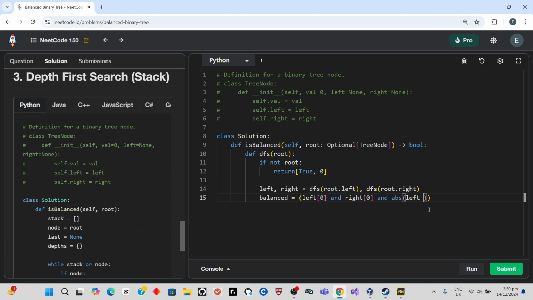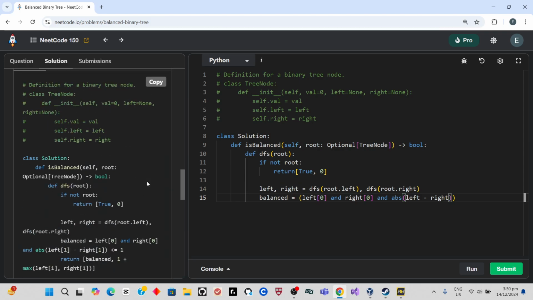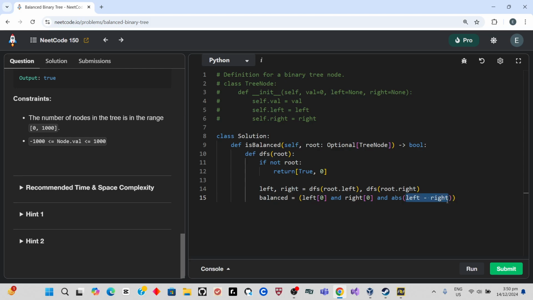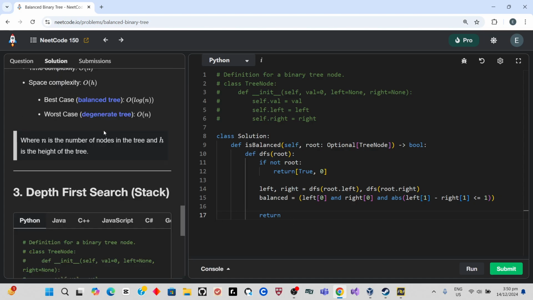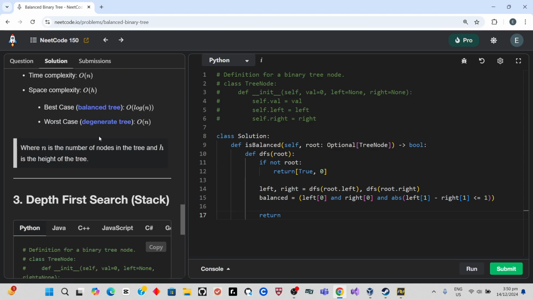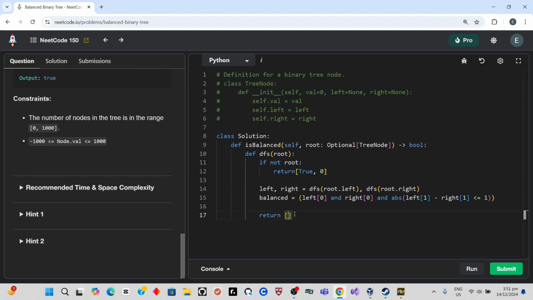Return balance. It's fine to take a peek.